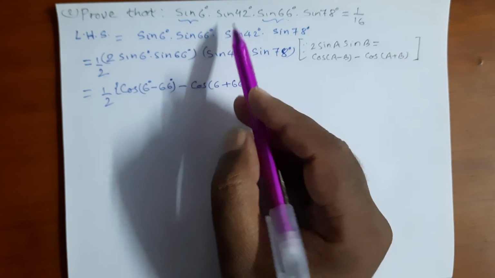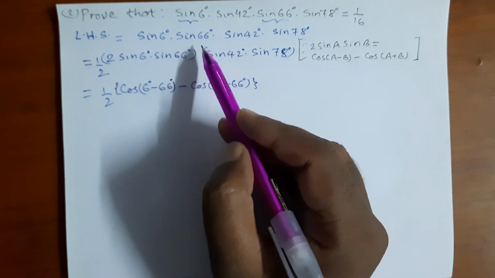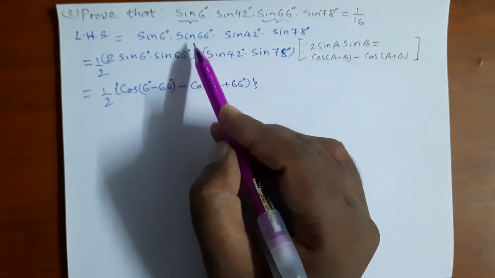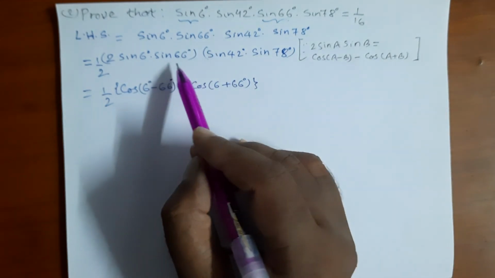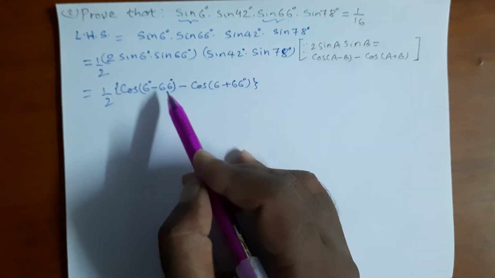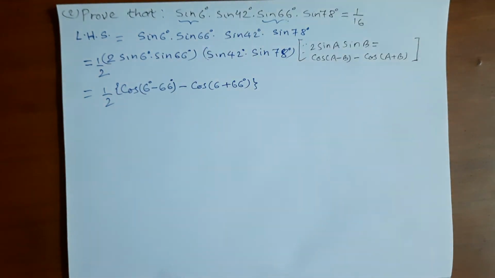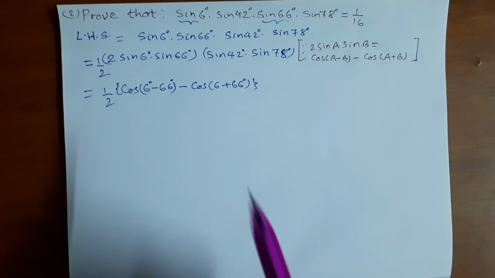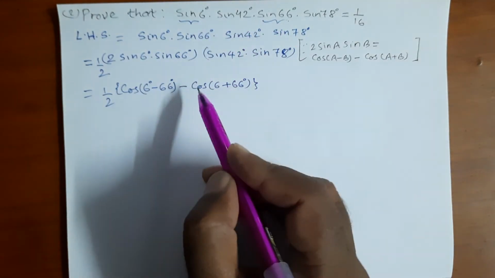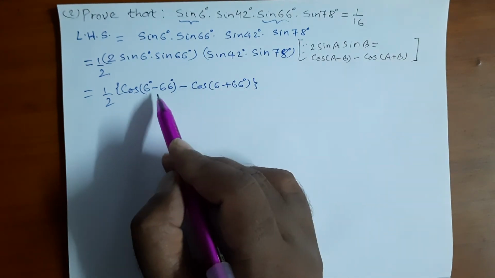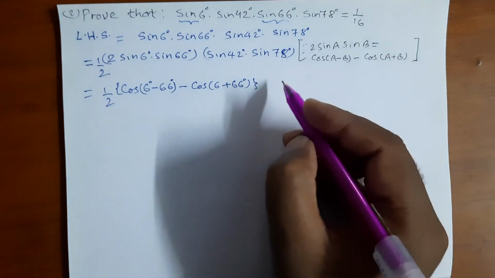Before this I said that the sum or difference divided by 2 should be a standard angle, but here it is not divided by 2; only the sum or difference must be a standard angle. If that is a standard angle, then we can take any two trigonometric ratios containing angles such that the sum or difference, either one, will be a standard angle. Here the difference 6 minus 66, that is minus 60, will be the standard angle.